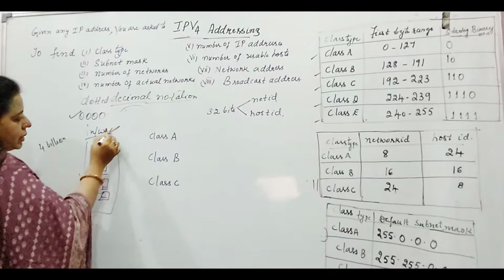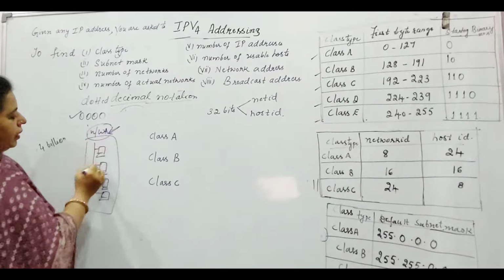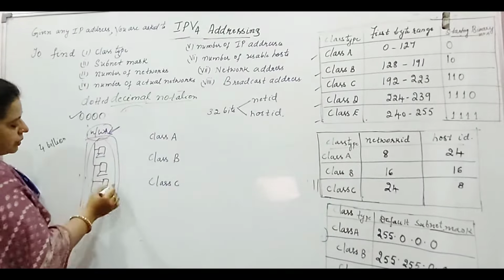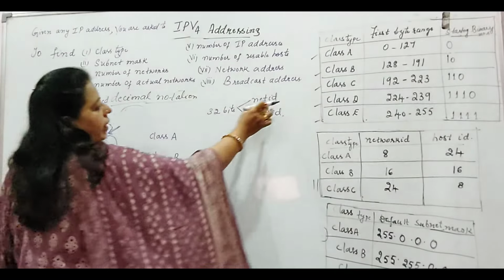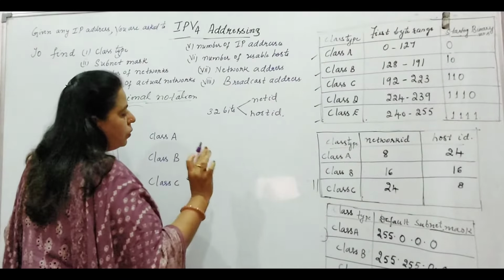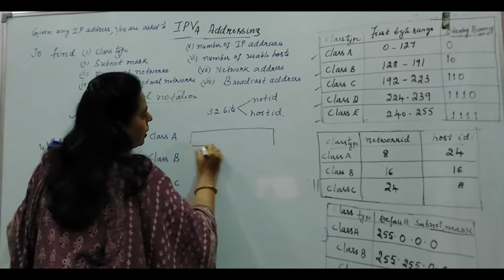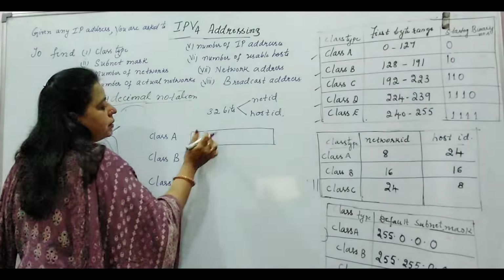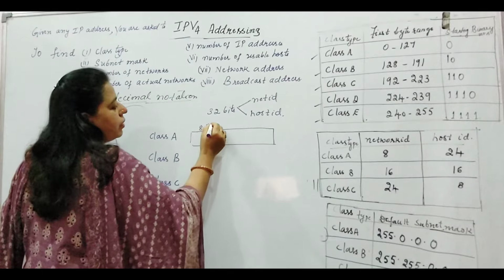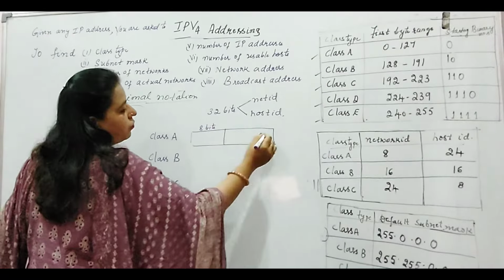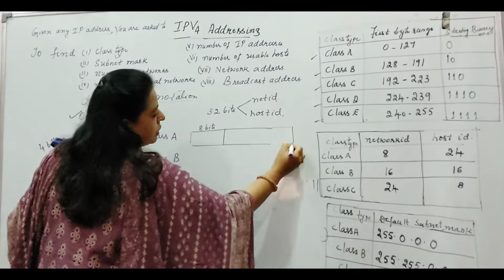So some bits represent the network ID and some bits represent the host ID. The network ID and host ID are the 2 different components of an IP address. In a class A address, 8 bits are used for the network ID and 24 bits are used for the host ID.